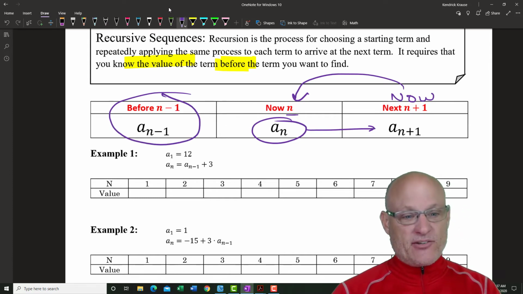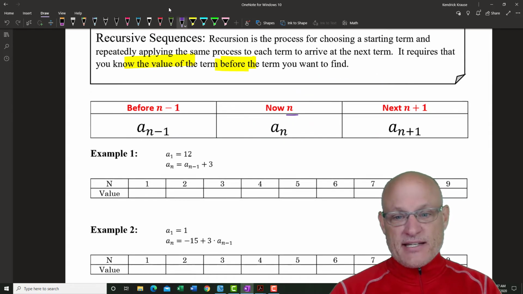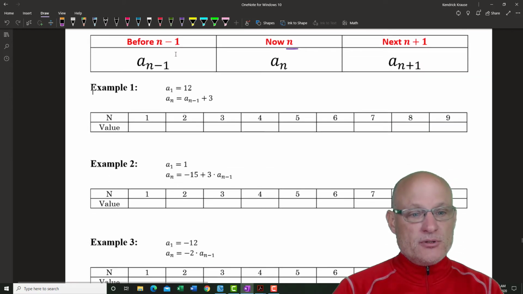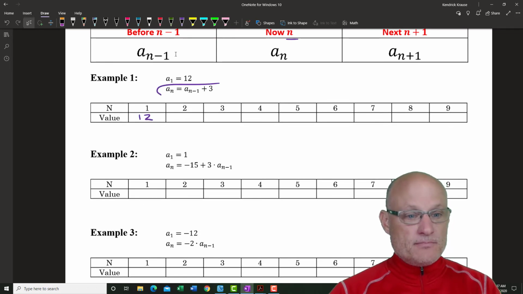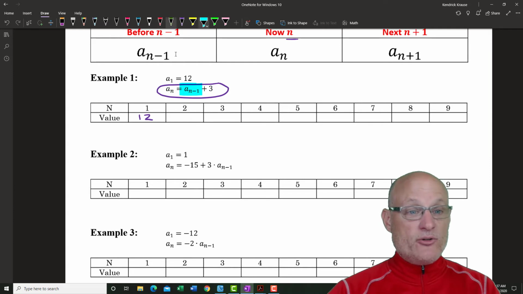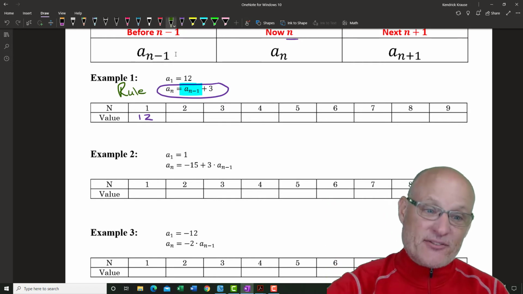So let's take a look at an example. Let's say the first term was 12, so a sub 1 is 12. Now here's my rule, and this is going to be a little bit weird for you. I want you to remember this, because this is going to be our rule to define every single number after this.